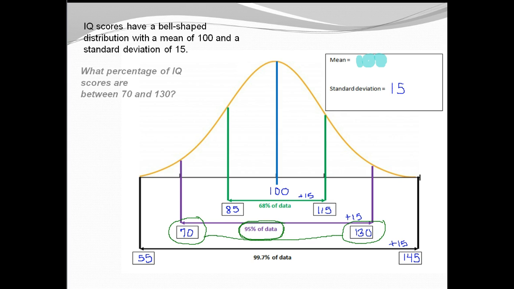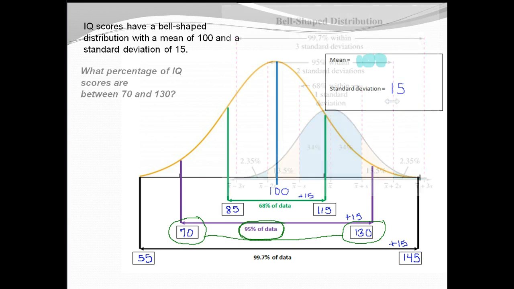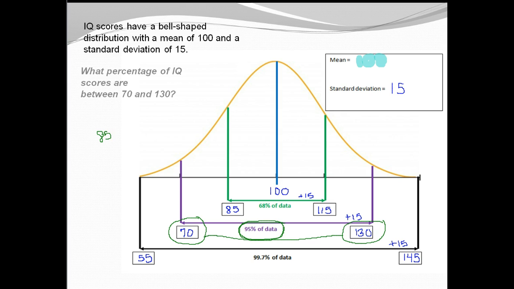Now, back on the first screen, I gave you a chart that told us all the breakdowns of percentages in these extra sections. So let's say you were asked what percentage of data was encompassed between the IQ scores of, let's say, 85 and 145.